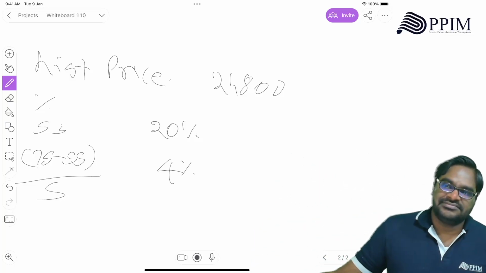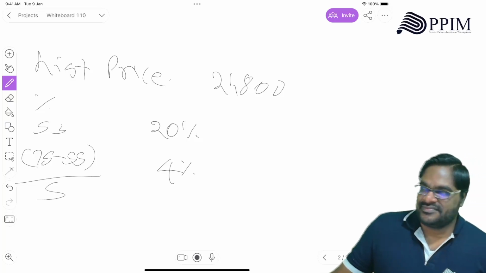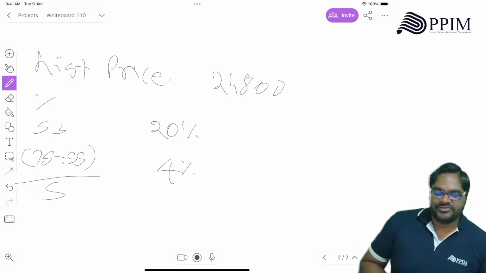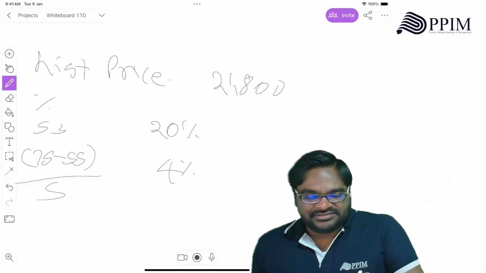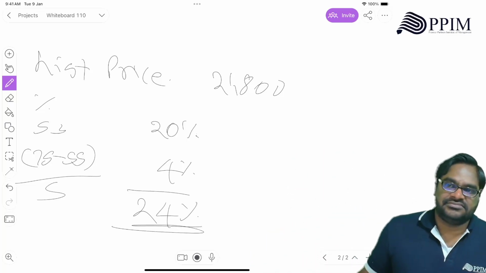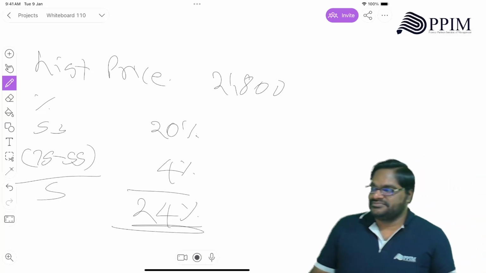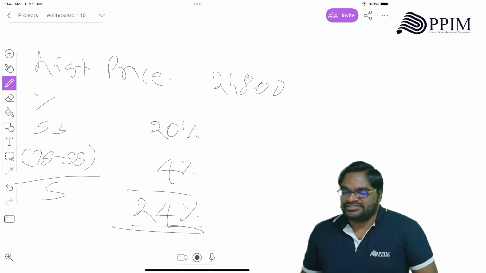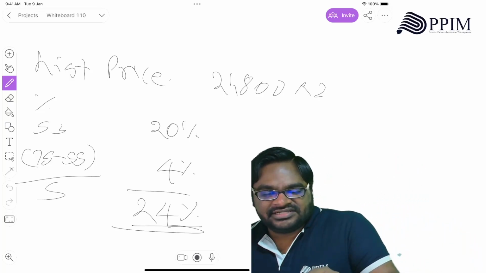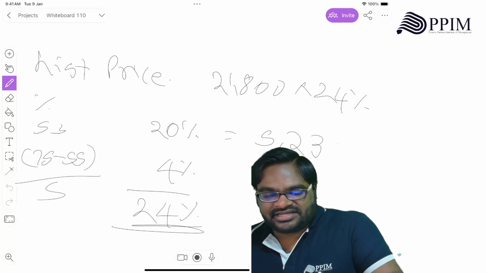If it meets the standard, it's 16%. If it does not meet the standard, you have to add 4% for each 5 grams per kilometer increase. Yes. So the rate will be 24%. So 21,800 into 24% is how much? So this would be the car benefit.